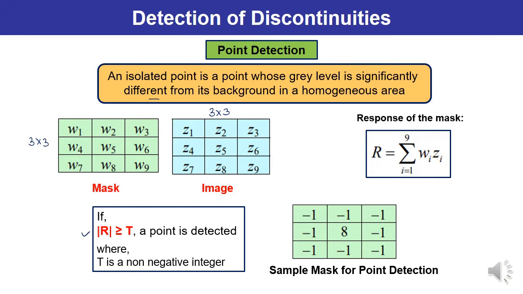The value of this threshold must be a non-negative integer. You can see here a sample mask shown for point detection. If you are going to implement any algorithm, you need some sample mask, so this kind of mask can be used. So this is about point detection.